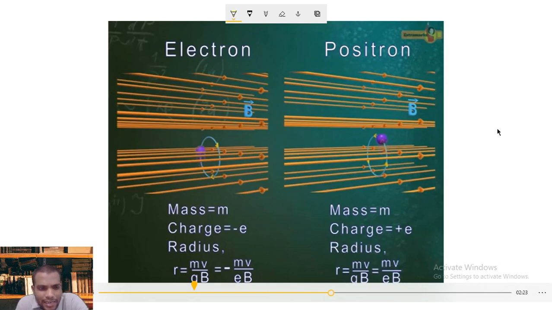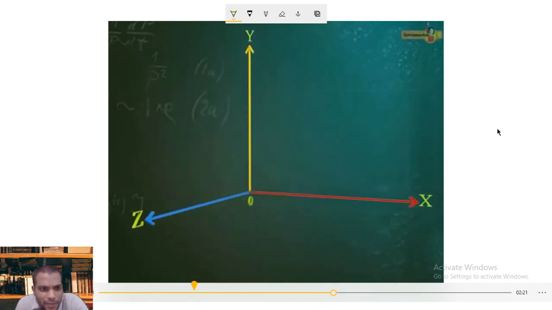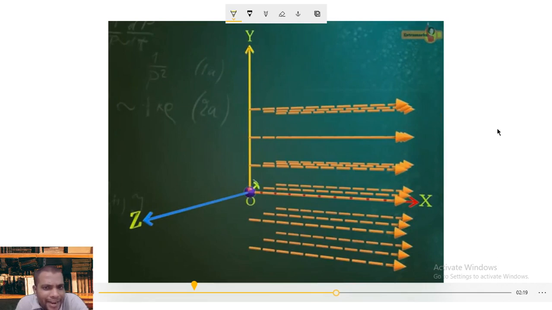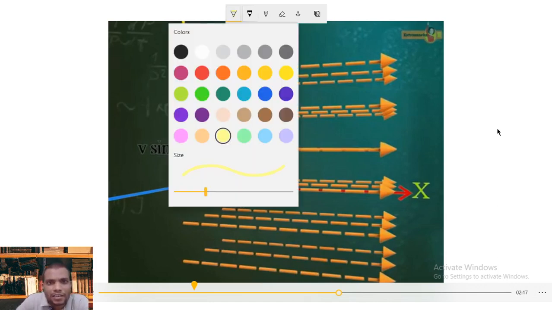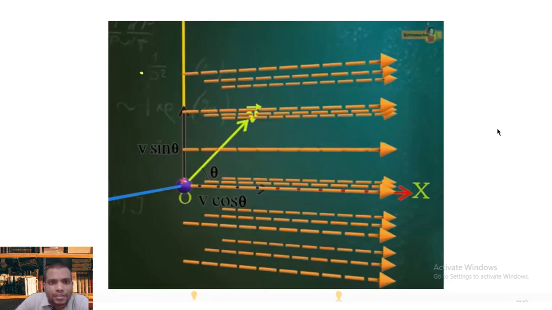Now let us understand an interesting case. What happens if the particle moves at any angle other than 0 degrees or 90 degrees? Suppose the particle enters the magnetic field at some arbitrary angle. This is a very special case.